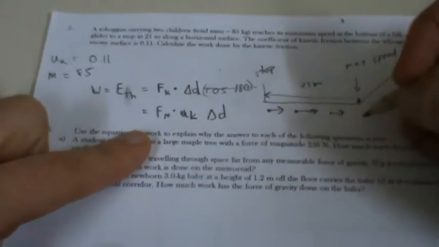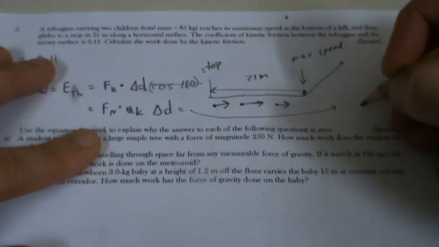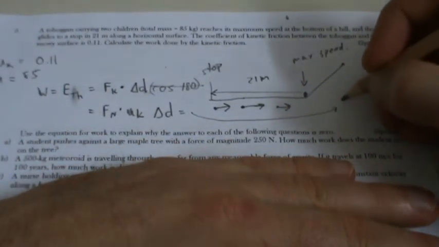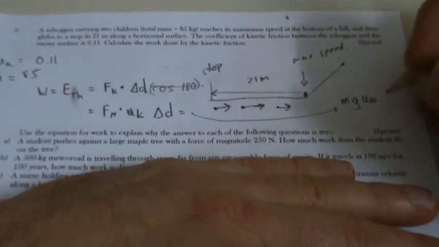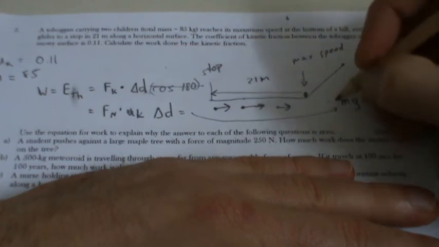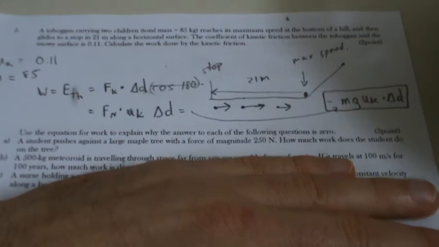And so this is equal to mass times gravity times μK times delta D. And so it's going to be negative, okay?